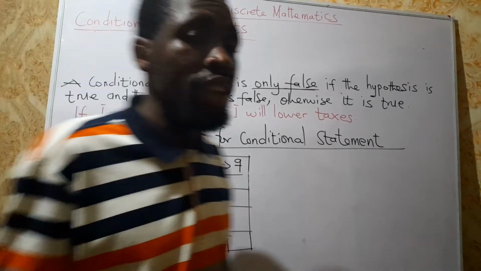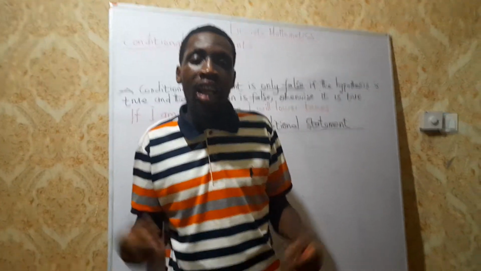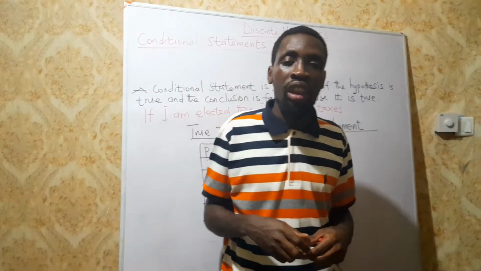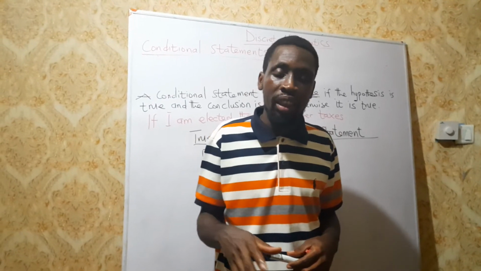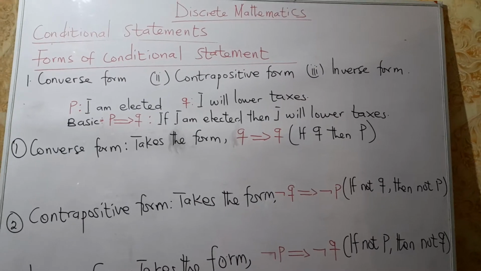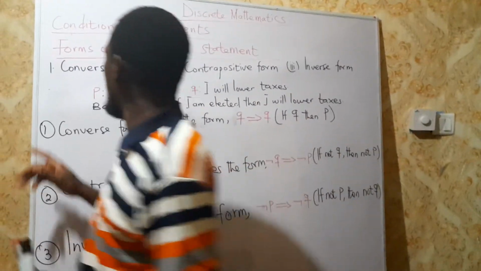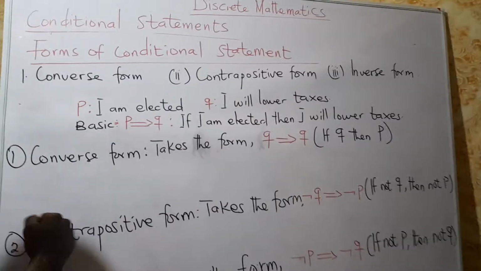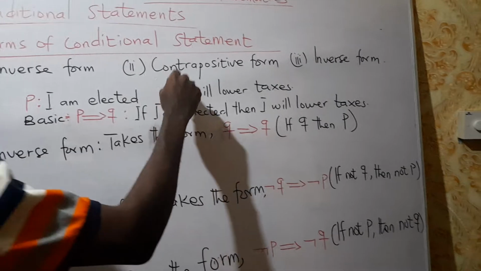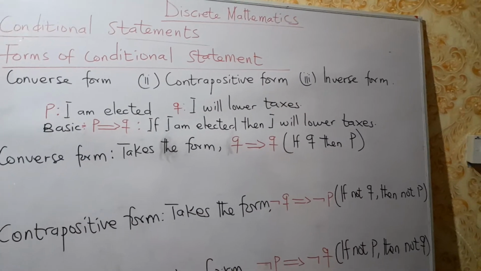The next thing we'll look at is forms of a conditional statement, and which of these forms is equivalent to the basic conditional statement. So basically, we have three forms of a conditional statement, and they are 1, the converse form, 2, the contrapositive form, then 3, the inverse form.